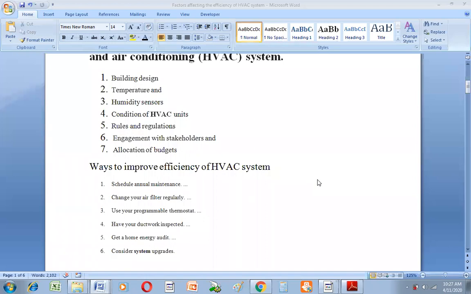But if you fit light emitting diode lamps, for example, LED lamps, in the room, it will not produce much heat, and the load on the HVAC system is reduced. So that is also one of the points which is covered in the home energy audit. There are various such points which can be detected in the home energy audit.